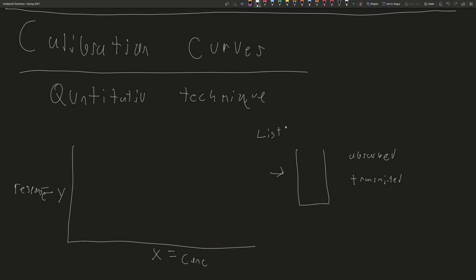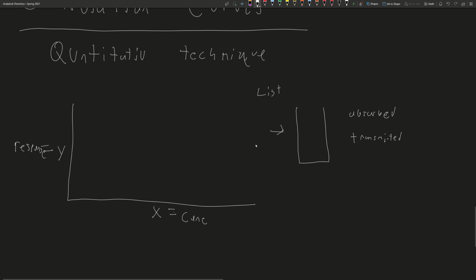So if you think about it, the more of something you have inside a solution, the more of a signal it will give off. So the higher the concentration, I'm going to say approximately higher response.